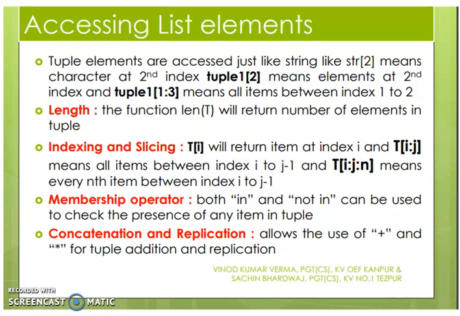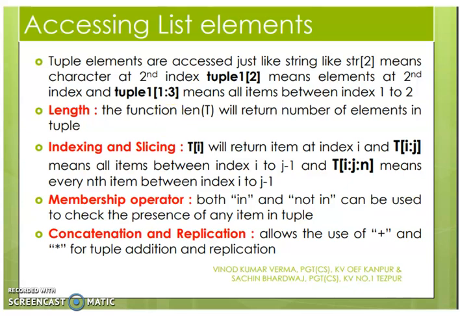Commonly we can say T of i will return the item at index i, and T of i:j means all items between index i to j minus 1. Okay, and T of i:j:n means every nth item between index i to j minus 1.